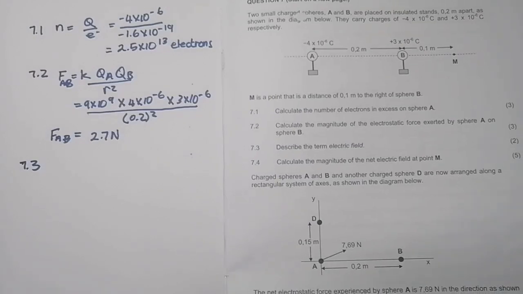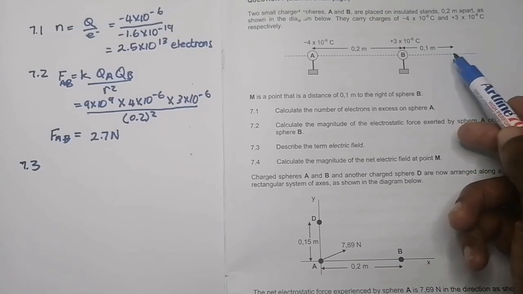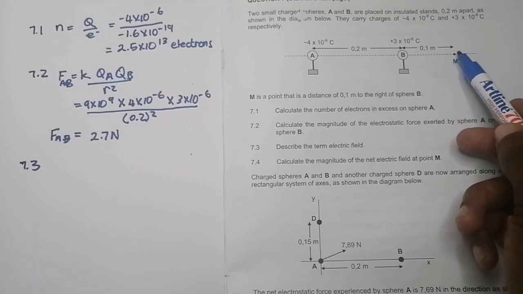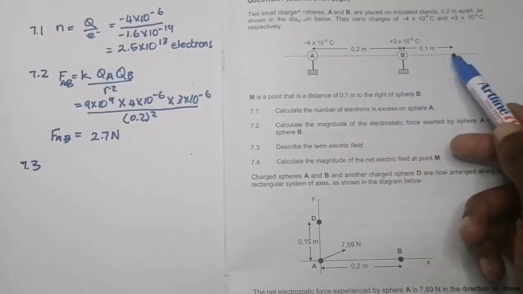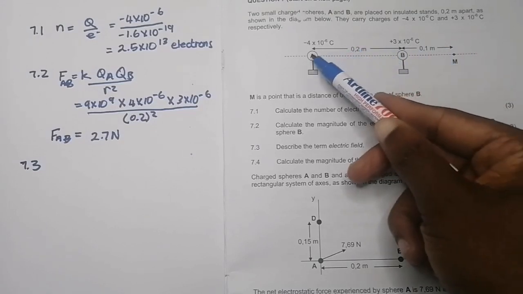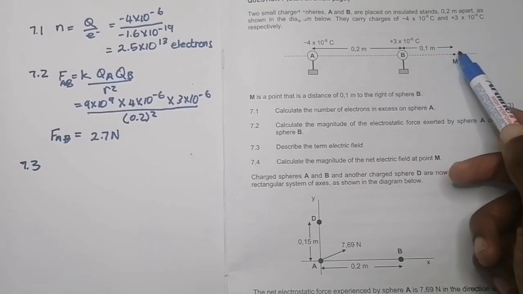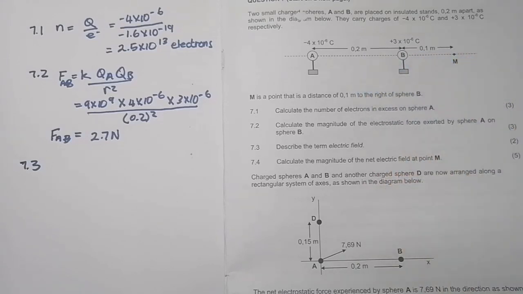It's that we've got a positive test charge there. So the question is, how will A affect that positive test charge? You can see that the field due to A would attract that positive charge, so it would pull it towards itself.